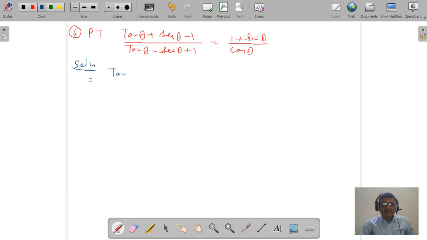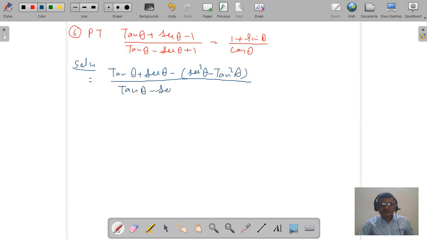we are writing tan theta plus sec theta, and 1 can be written as (sec square theta minus tan square theta), whole divided by the denominator, which will remain as it is, no change in the denominator.